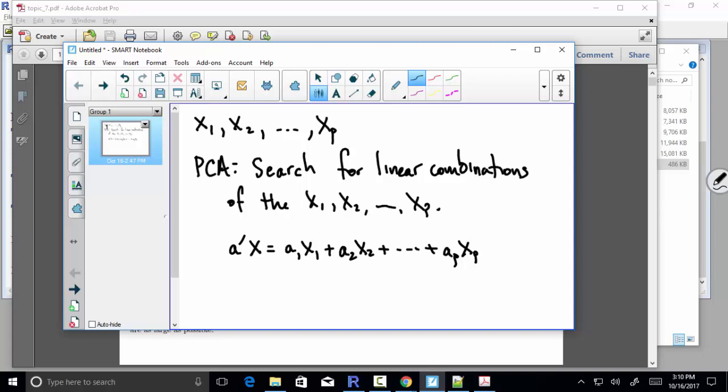What we're going to do is look for a collection of these. So I'm going to put a 1 in front of all these a coefficients to indicate this is the first linear combination. But let's also look for another one. And dot, dot, dot, we're going to find as many linear combinations as there are variables.